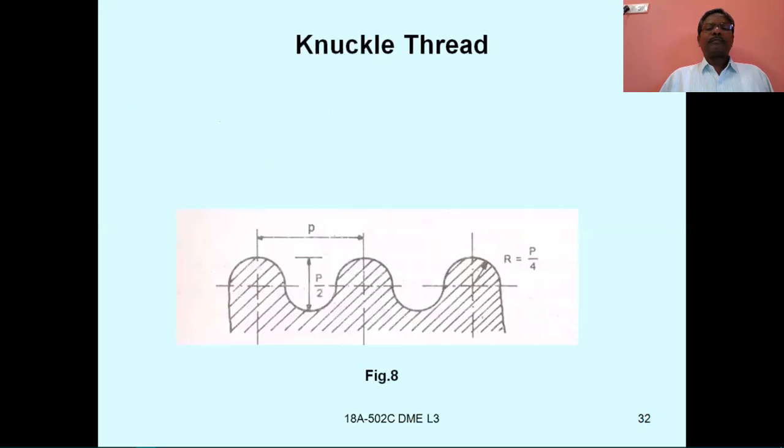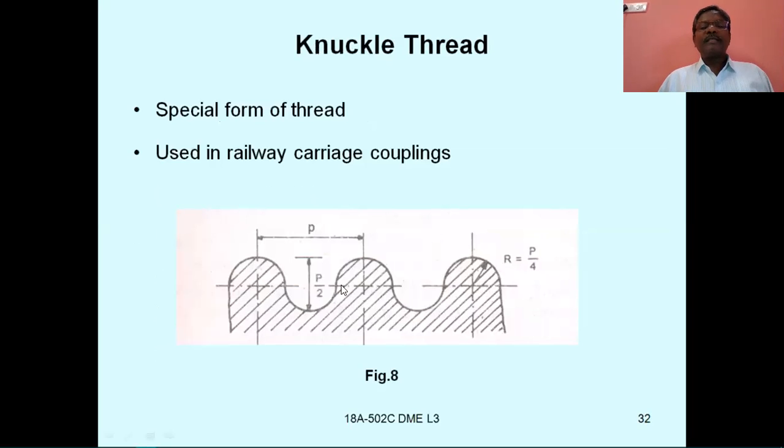So next is knuckle thread, a special form of thread, which is round shaped. Knuckle threads are used in railway carriage couplings.